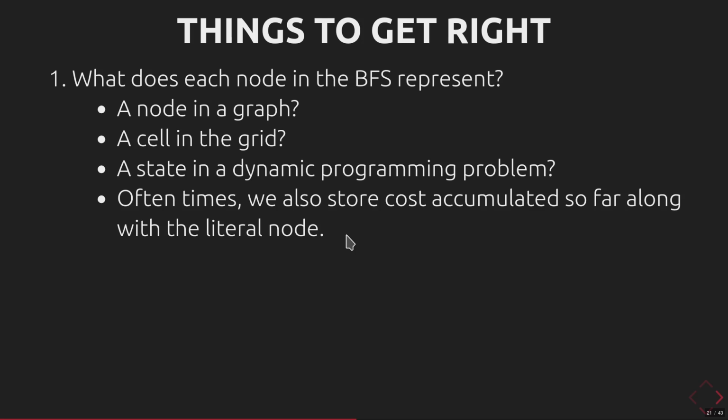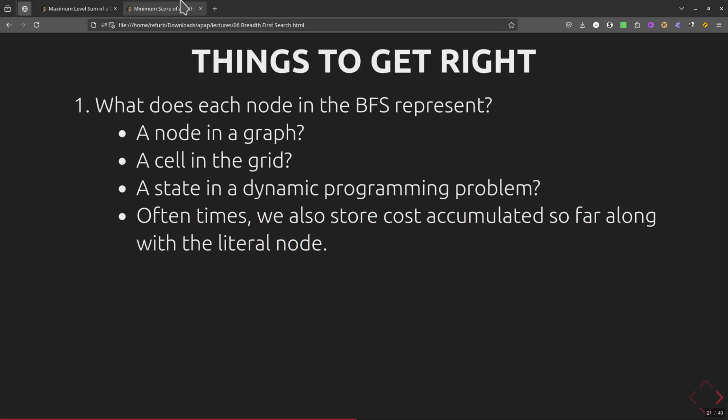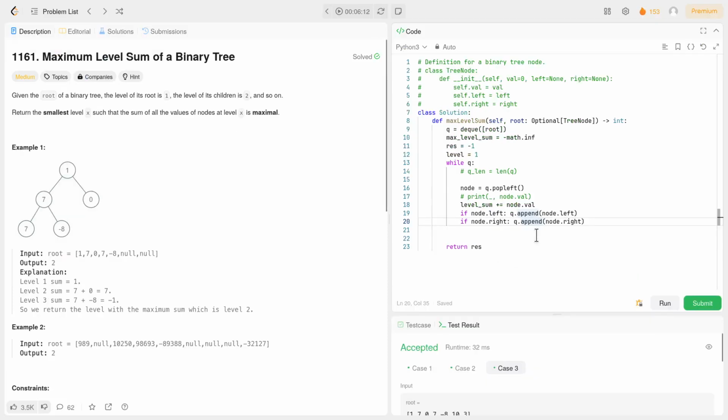You could have actually used this strategy in the previous problem that we saw by saying, I'm not only going to enqueue the node, I'm going to associate it with level plus one.